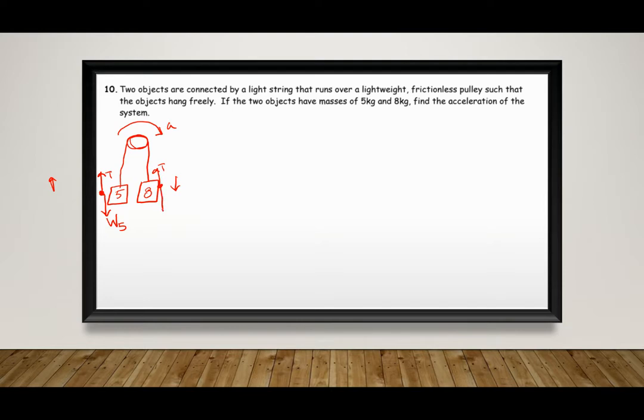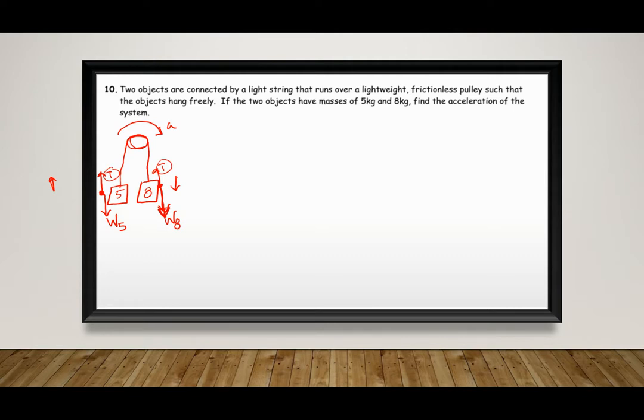And then I have my weight for object 8. Okay. So what's really important is to note that I drew, or tried to draw, my weight for 8 much longer, and my two tensions are actually equal to each other, because when two objects are connected by one string, the tension in that string is the same throughout unless otherwise stated.